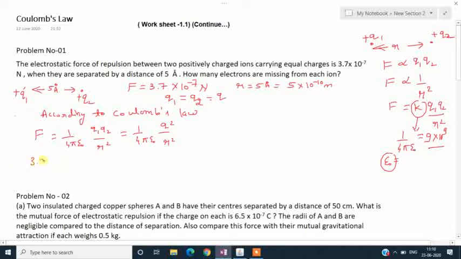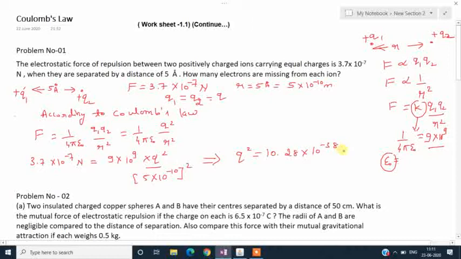If you solve this, you get Q square as 10.28 into 10 to the power of minus 38 Coulomb square.